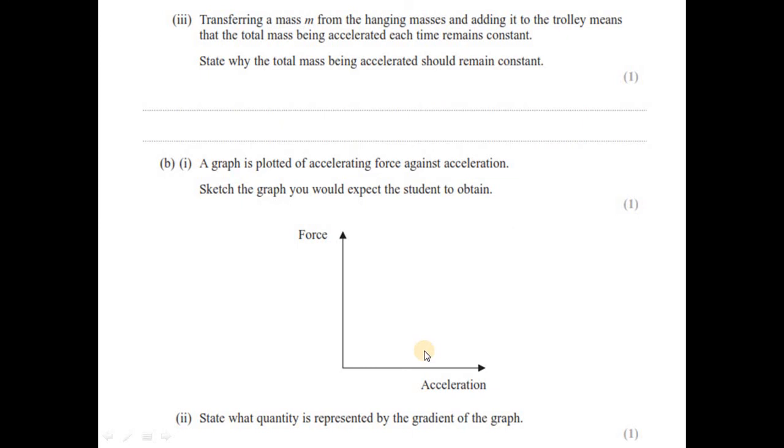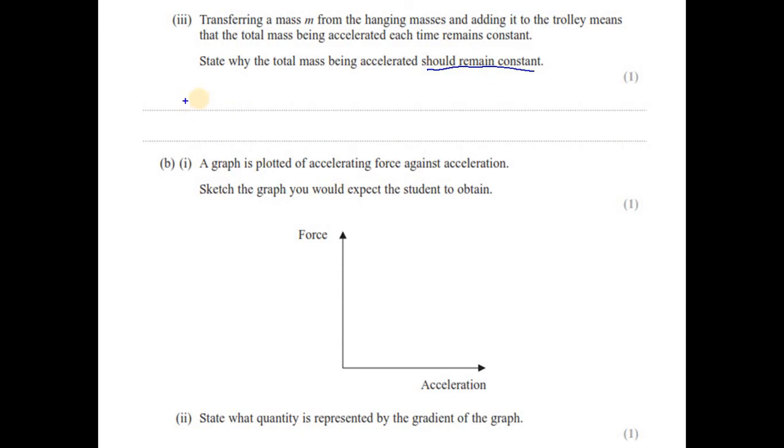Transferring mass m from the hanging masses and adding it to the trolley means that the total mass being accelerated each time remains constant. State why the total mass being accelerated should remain constant.